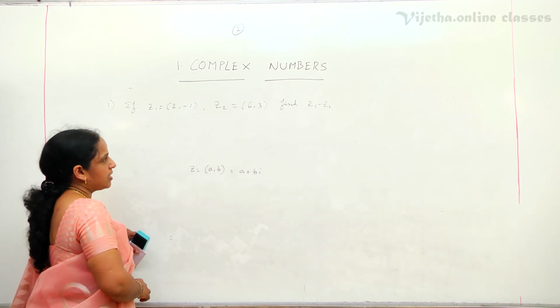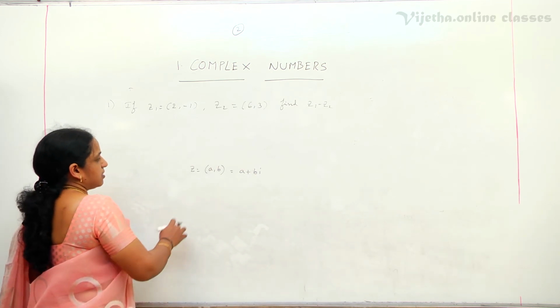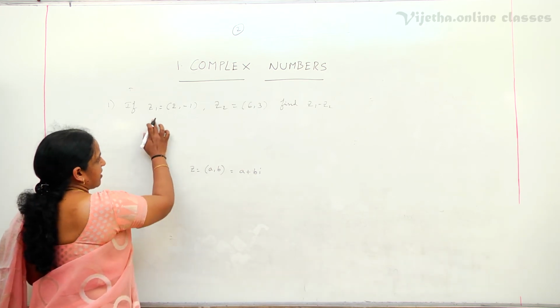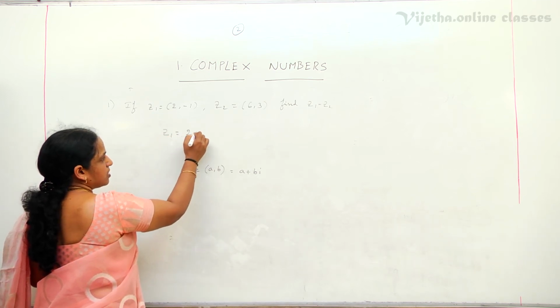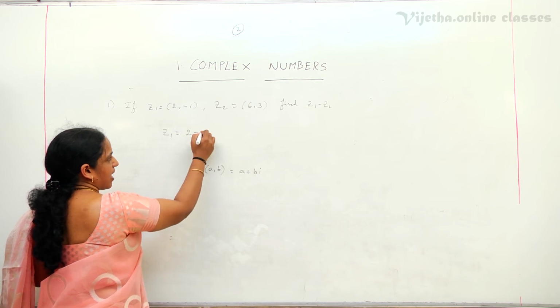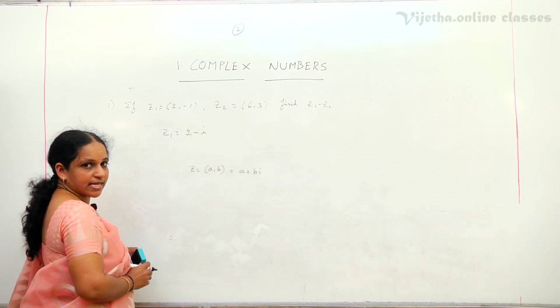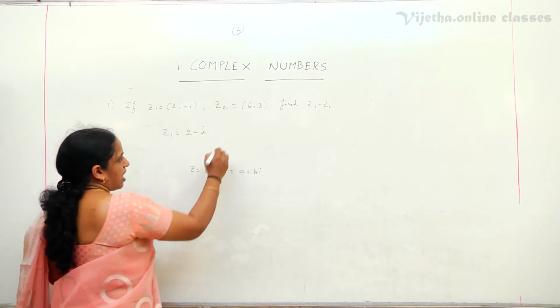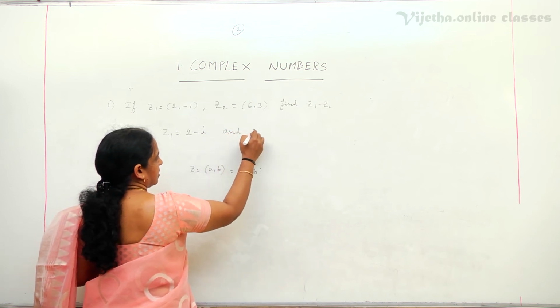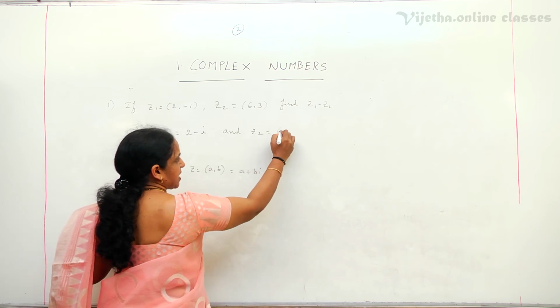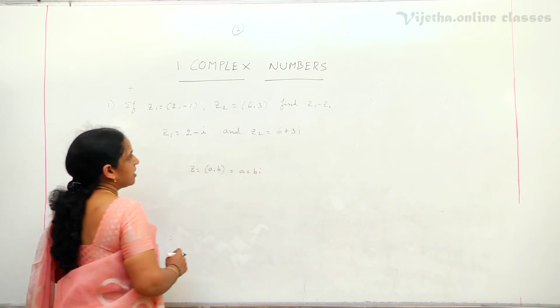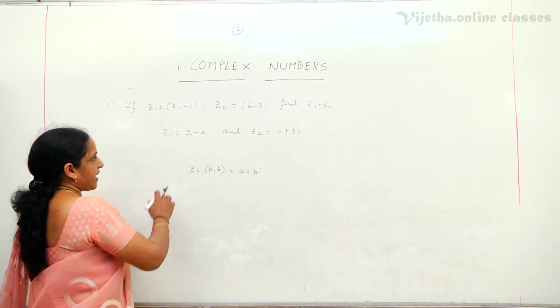So from this definition, what is the value of Z1? 2 minus 1 into i, 2 minus i. And Z2 is 6 plus 3i.